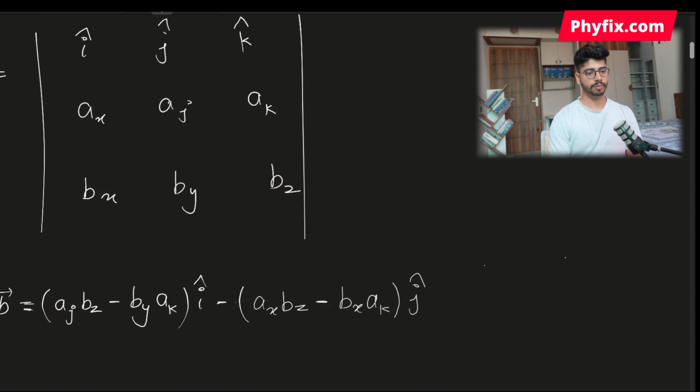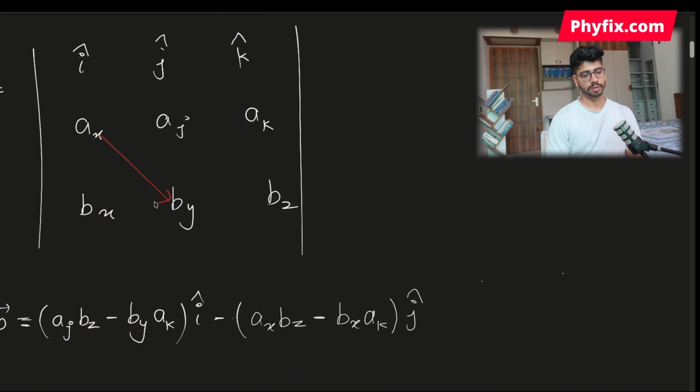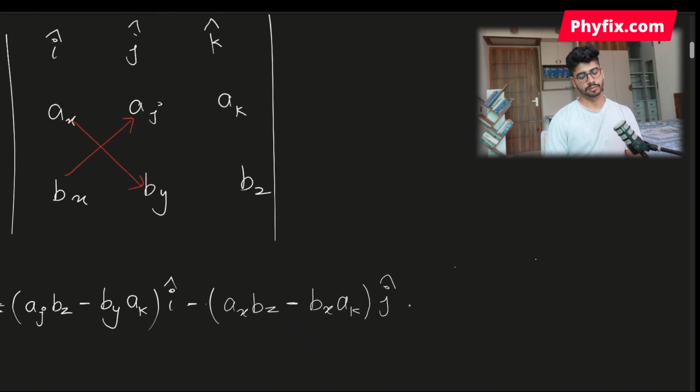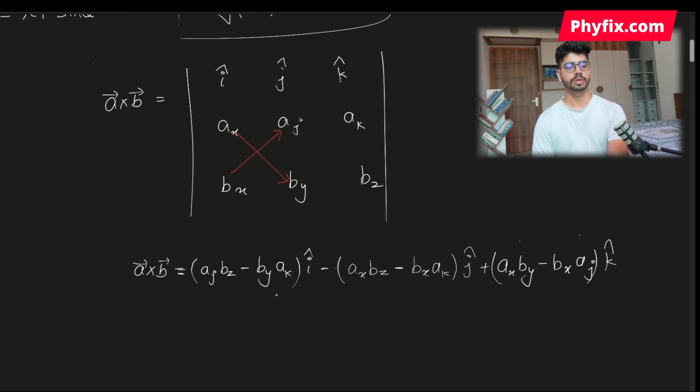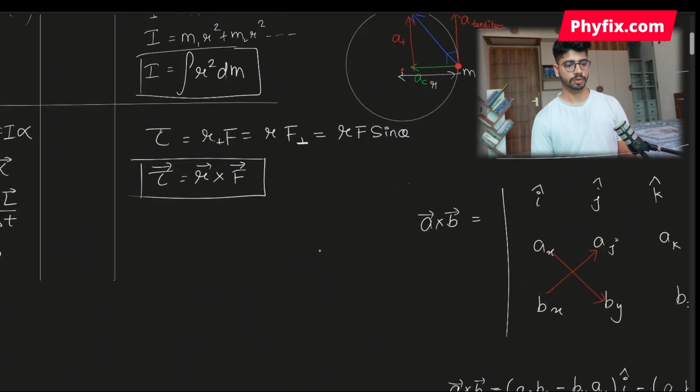And for the K component, this is the K component. This is how we find the cross product of the quantities.